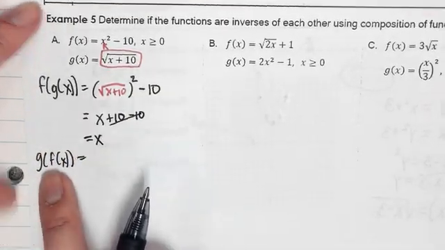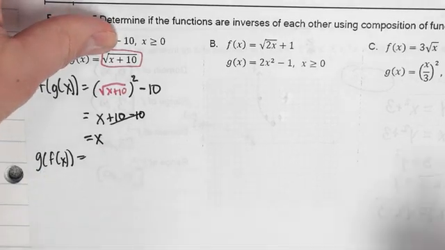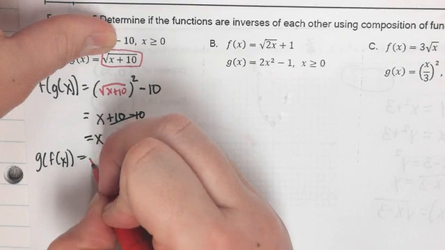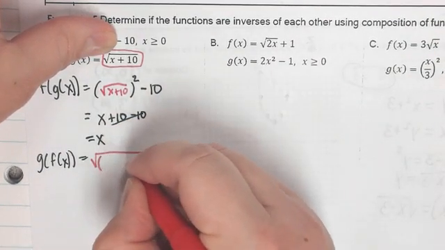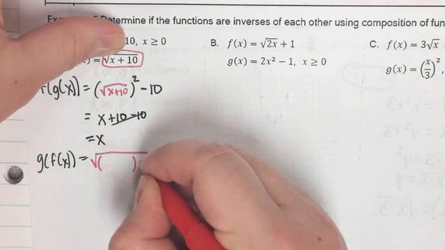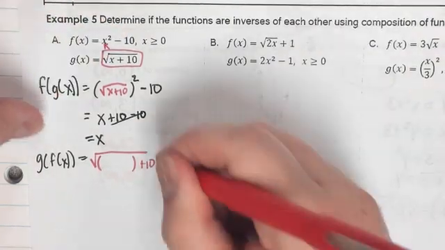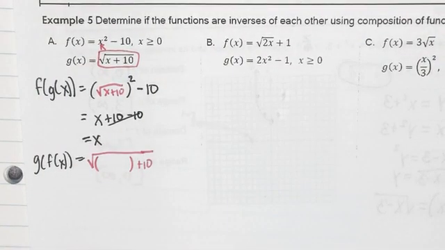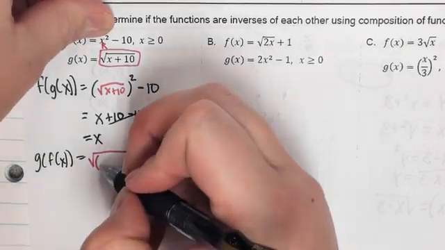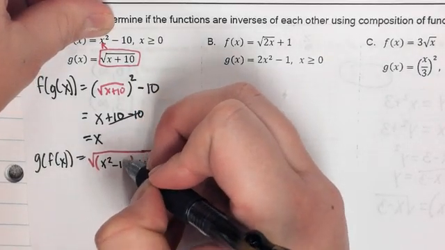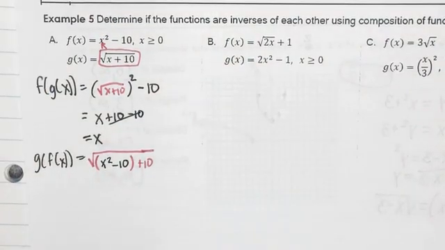So now I'm going to go the other way. G is now my shell. So I'm going to write function g. And x just becomes a big parentheses. Okay? And in the parentheses goes function f, which is x squared minus 10.